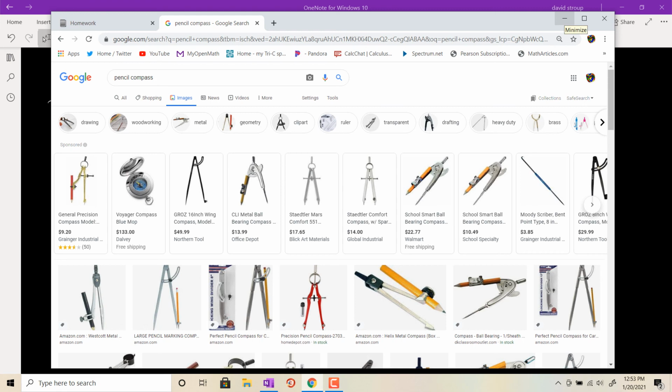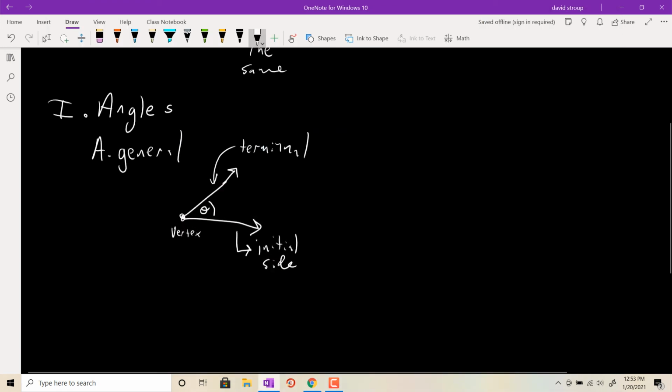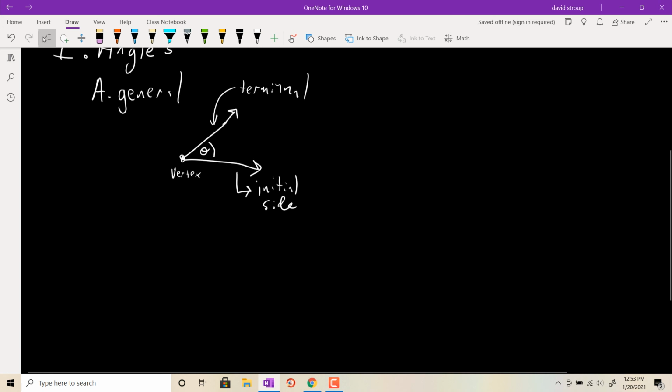If you're in drawing, architecture or whatever, eventually you'll have to deal with the compass. That's what I think of when I look at these angles: a compass opening up a certain angle. And this symbol here that I put is called a theta, a Greek letter, capital theta.